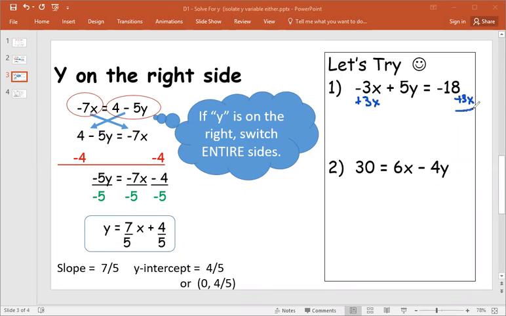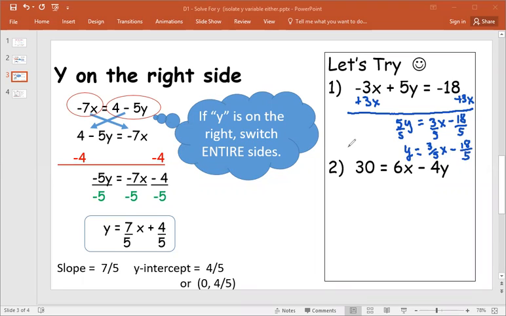I'm going to stick it out by itself. 5y is equal to, I'm going to bring my x's up front, so they're positive, 3x minus 18. And then I'm going to divide by 5 here. So y is a positive 3/5 x minus 18/5.